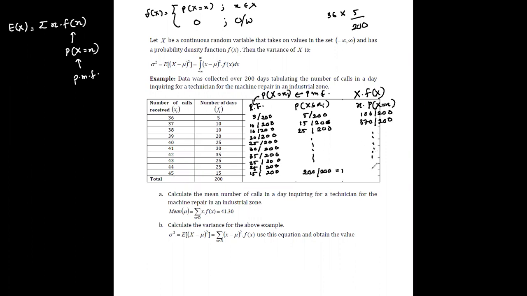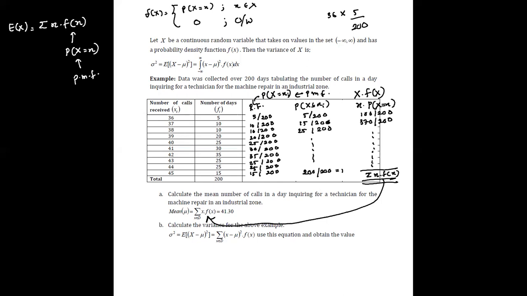Then you have to obtain the summation of these values at the end. Here what we are getting is the summation of x times f(x). This is equal to what we are expecting as our answer, the mean value.